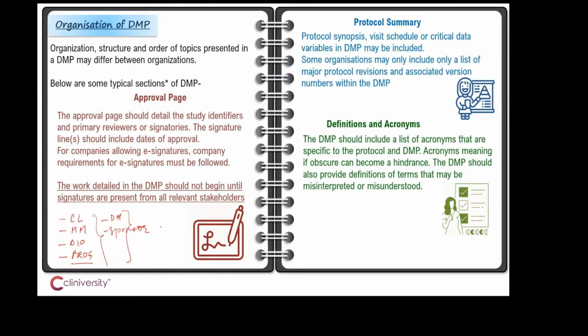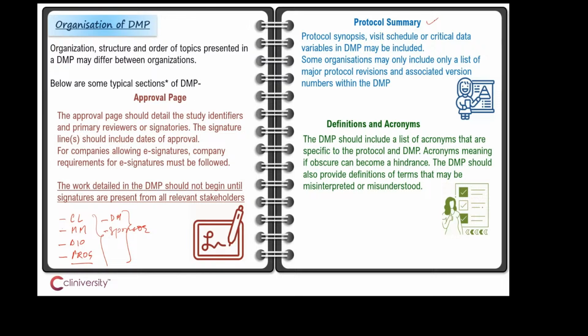Then is the protocol summary. Many organizations may include a short synopsis of the study protocol, visit schedule, and critical data analysis variables within the DMP. So there will be a shorter protocol summary version also available.